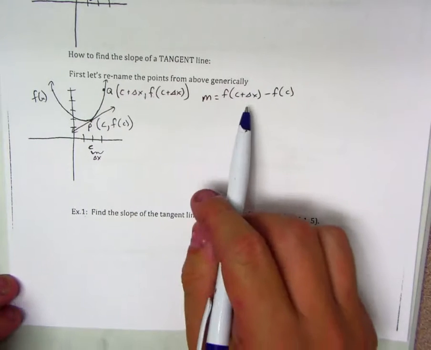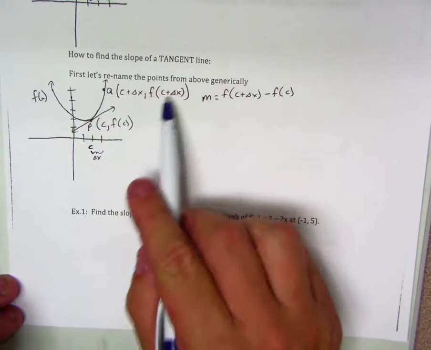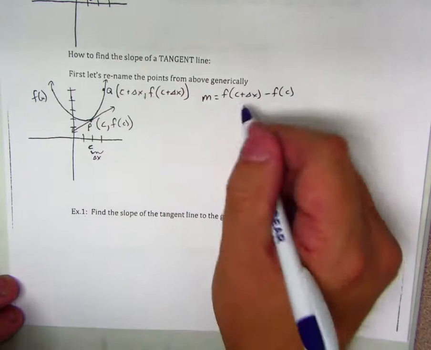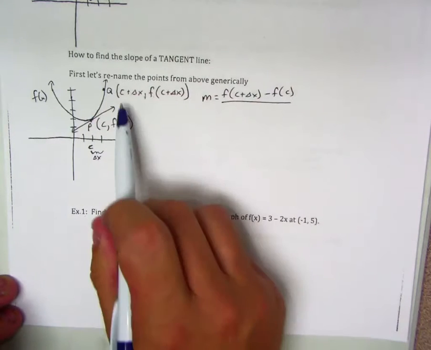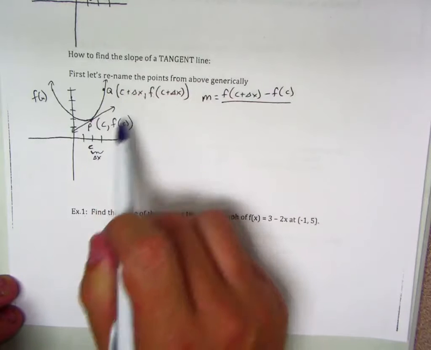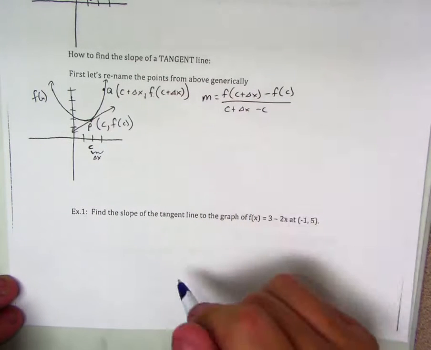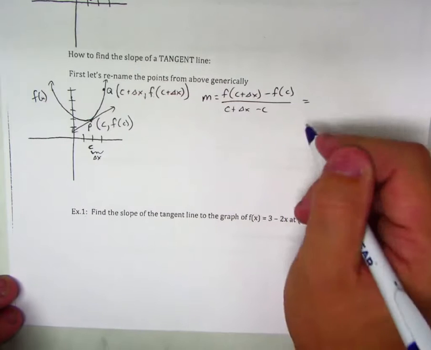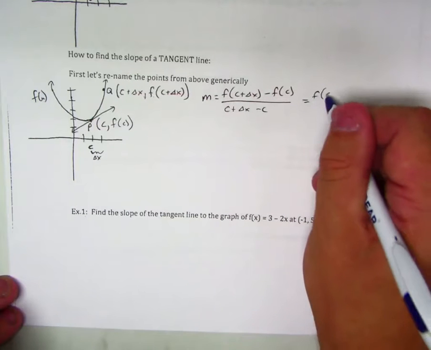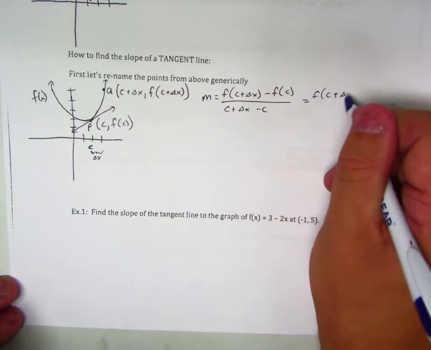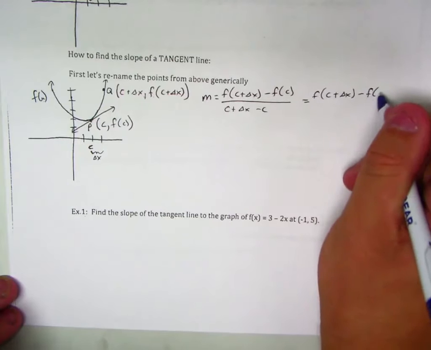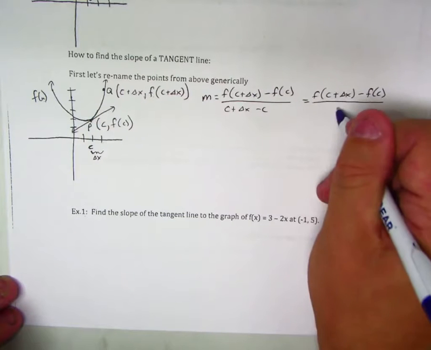This is just us finding the difference in the y's, subtracting the two y coordinates, over, well, now let's subtract the x's, c plus delta x minus c. So you notice the c's cancel, and you have f of c plus delta x minus f of c over delta x.